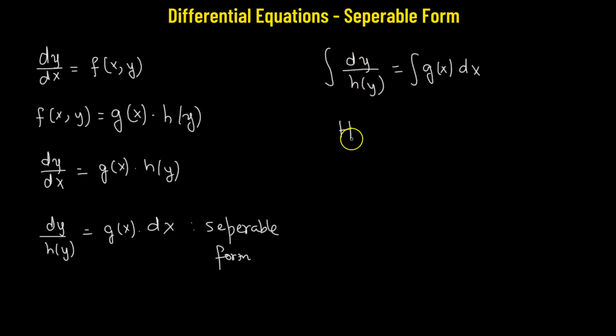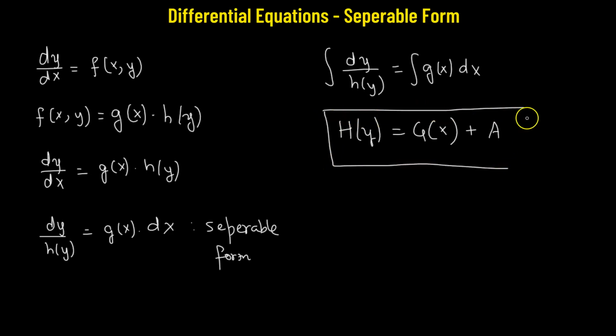That means we will obtain the antiderivative of h of y, which will be uppercase H of y, equals the antiderivative of g of x, which will be uppercase G of x, plus some constant of integration which comes out of integrating both integrals, but we will consider a single constant of integration. Let's call it constant a. Right. So this is going to be the general solution to our differential equation.